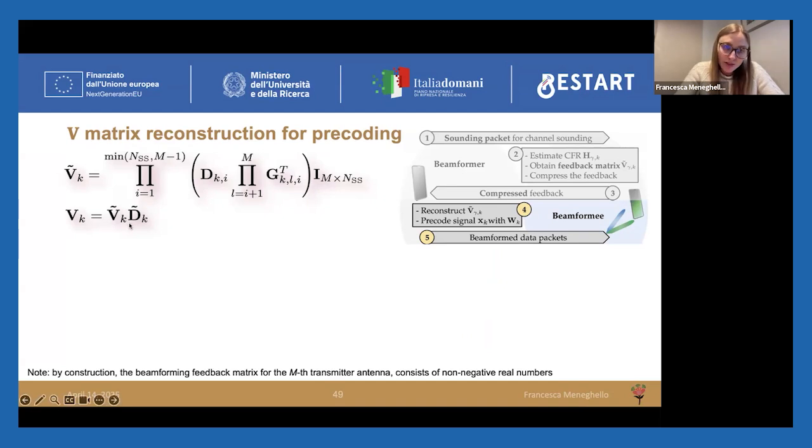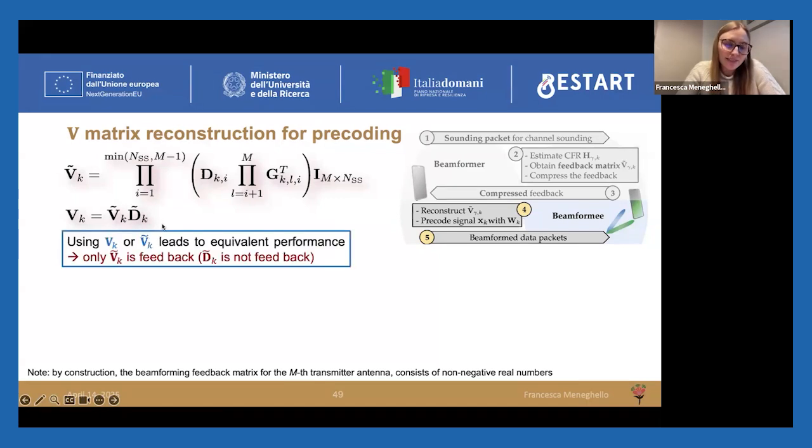Actually, to revert back the complete procedure and obtain the V matrix, so the submatrix of the right unitary matrix of the singular value decomposition of the channel, we also need another matrix that is here indicated with tilde D. But actually, some research showed that obtaining the precoding with this V matrix or with the V tilde submatrix is almost the same from the point of view of the performance.